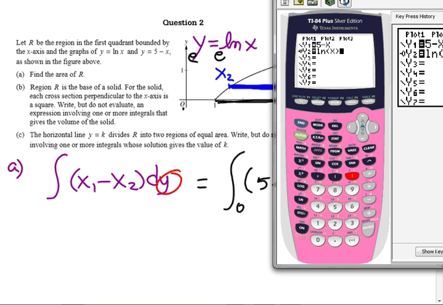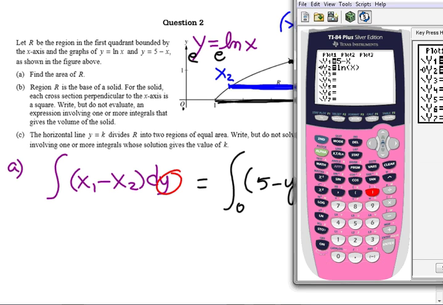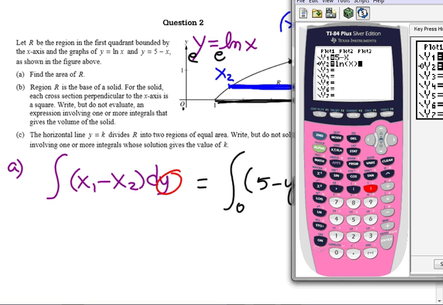Now, they give me the domain, don't they? 1, 2, 3, 4, 5, 6. So my window, I will go 0 to 6. I'll scale it by 1. Y min, I'll go -1. I like to see the axis. And we're going to go up.